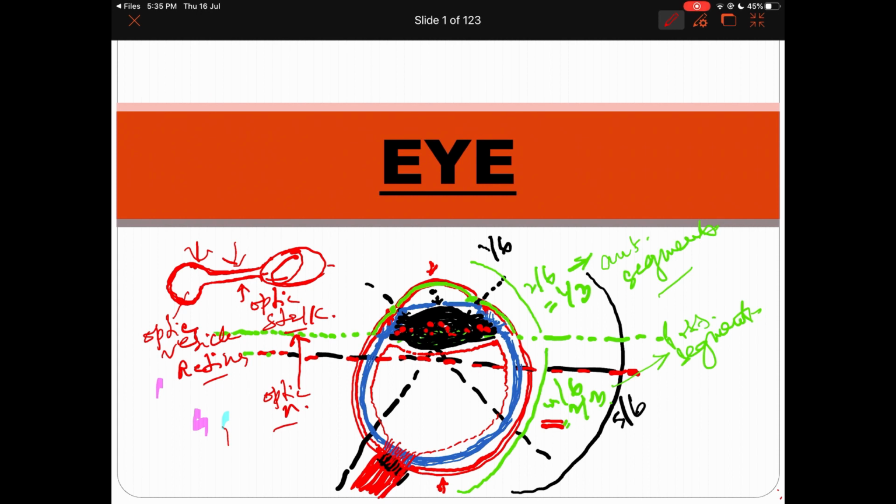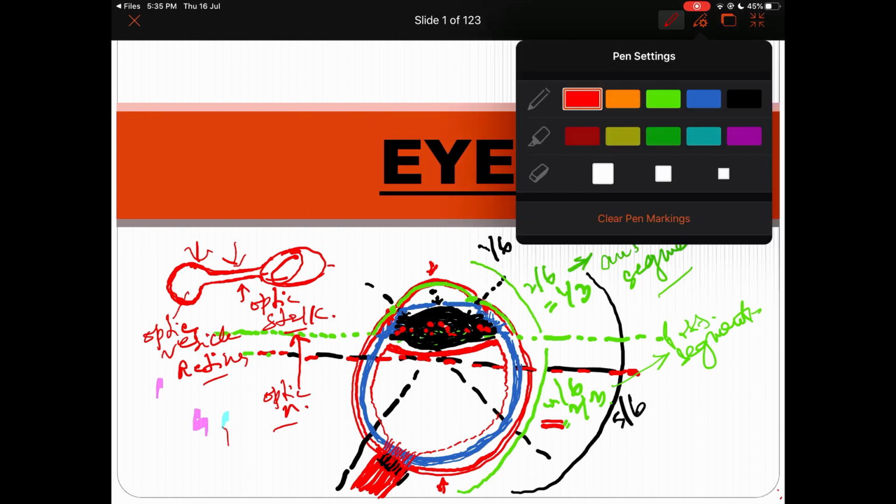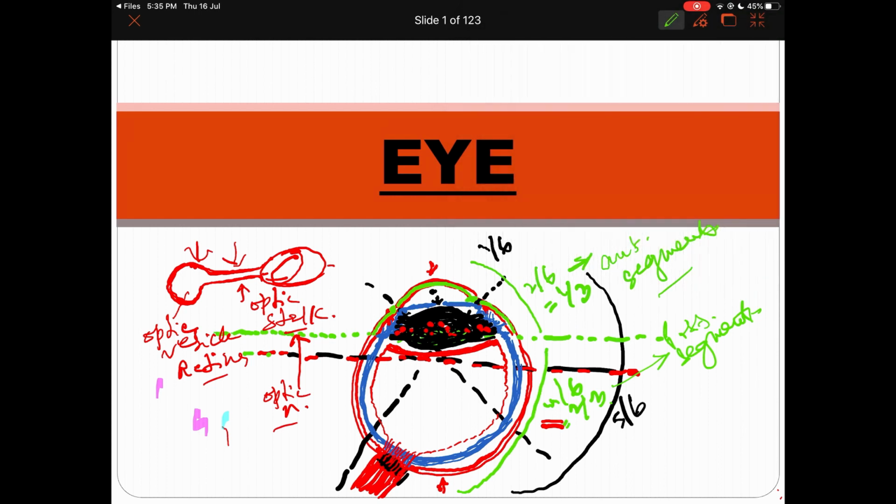That means the part of the retina which is in touch with the lens, this portion, is called its nervous part, the neural part, and the remaining part which is in touch with the choroid, this one, is called its pigmented part, the non-neural part.